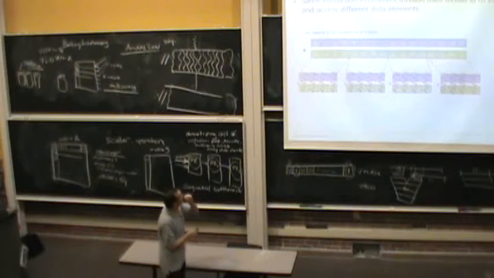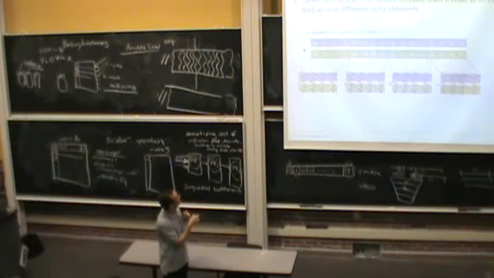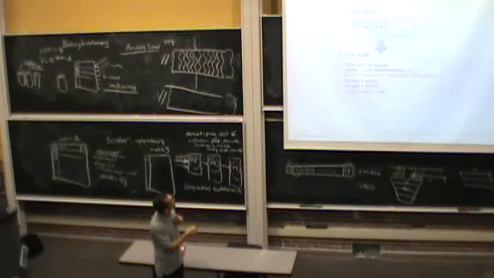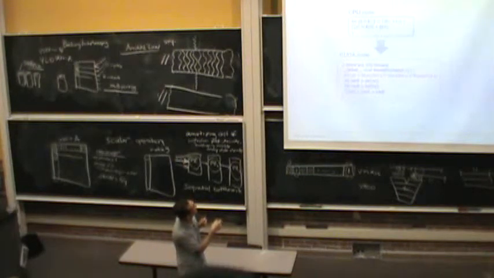Okay, so how do you access the data? Well, basically, same instruction, different threads, uses thread ID to index and access different data elements. And this is just a picture to show you. But if you look at the code that you would write in a GPU, it looks something like this. This is your CPU code of adding two arrays, and GPU code is very similar.